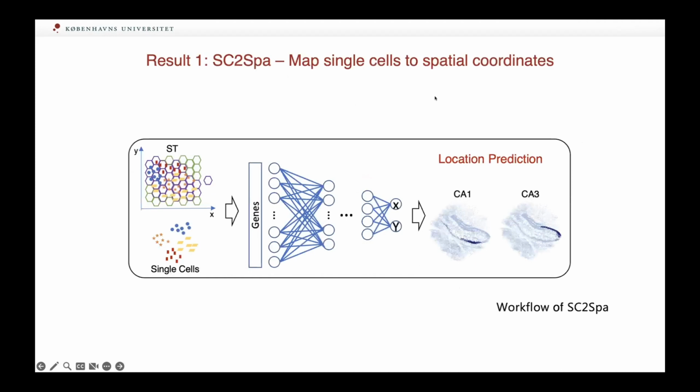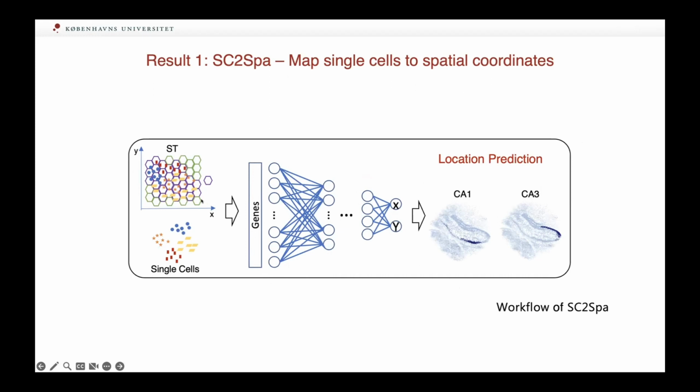So it's a tool to map single cells to spatial coordinates. The core component of the model is a deep neural network. It's first trained on ST data to learn the relationship between the gene expression and the spatial coordinates for voxels.